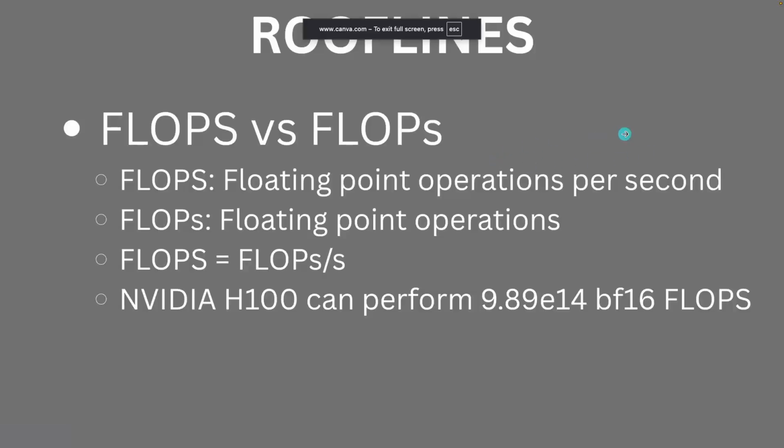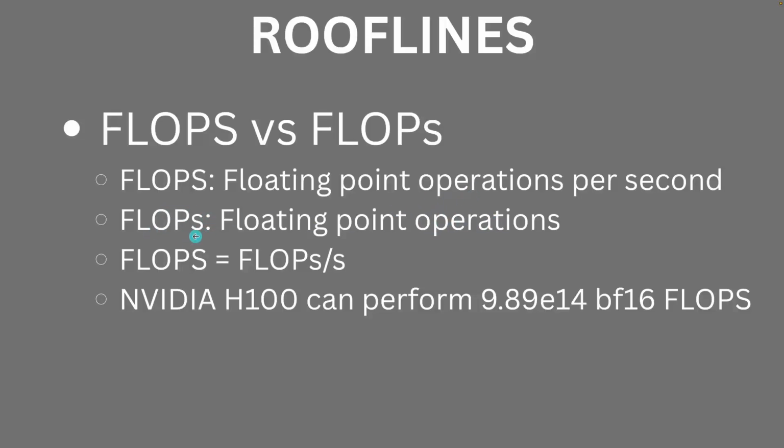Before jumping into rooflines, let's first discuss these two concepts. One is FLOPS and another is FLOPs with a lowercase s. I always get confused by these two terms. FLOPS with capital S means floating point operations per second. Floating point operations are the multiplies and additions that an ALU in a computer can do, and how many operations can you do per second.